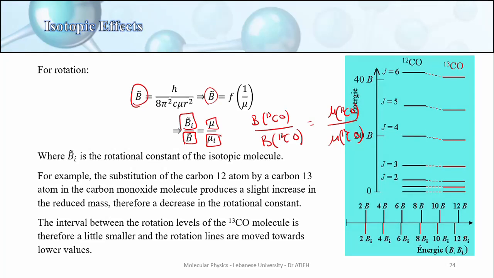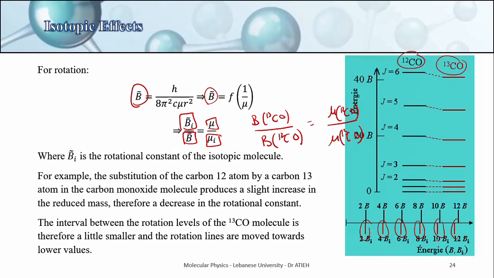So the change in the rotational constant between a molecule and its isotopic molecule leads to a change in the energy levels if we compare a molecule with its isotope. And this difference in energy levels leads to a change also in the positions of the spectral lines, as you can see.